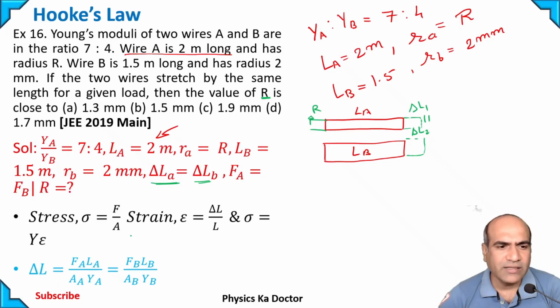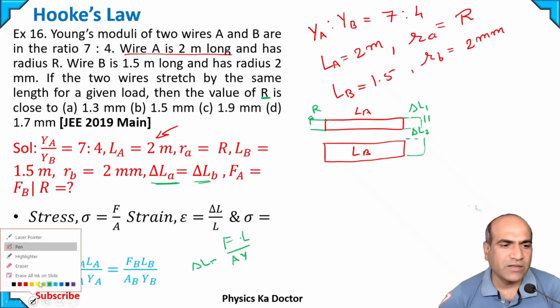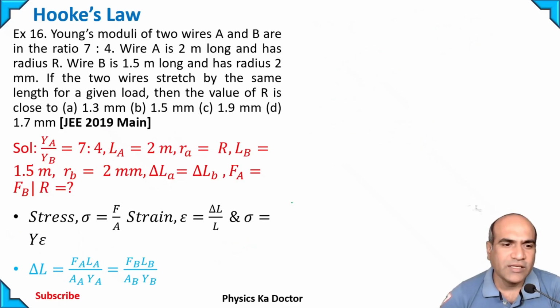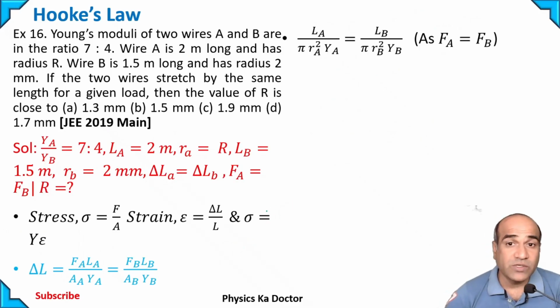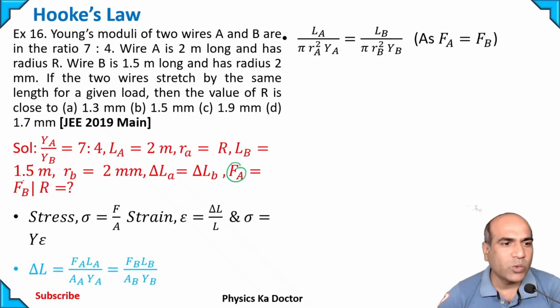We know that delta L is equal to F L by A Y. These values are very well known to us, so let's put all the values. FA is equal to FB.